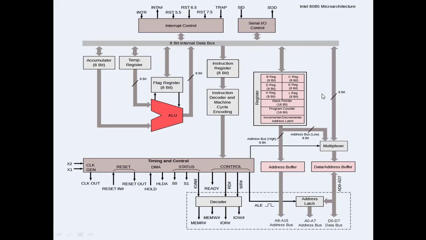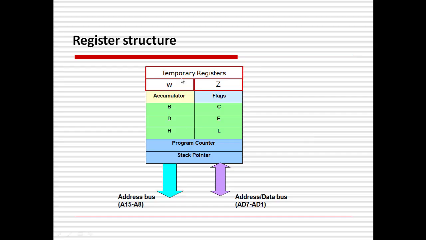Before going to see the entire architecture, first we are going to see the registers. What are the registers available in the 8085? In this register structure, we can classify them into temporary registers, special purpose registers, and general purpose registers, and 16-bit registers. First, temporary registers.